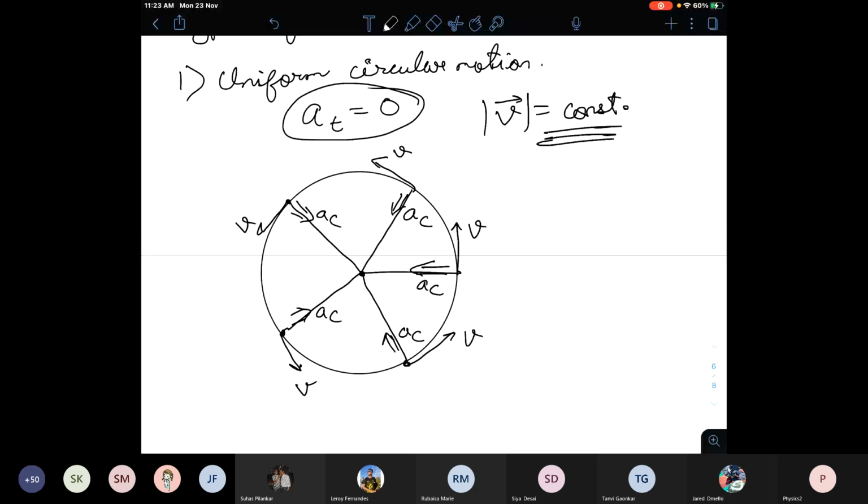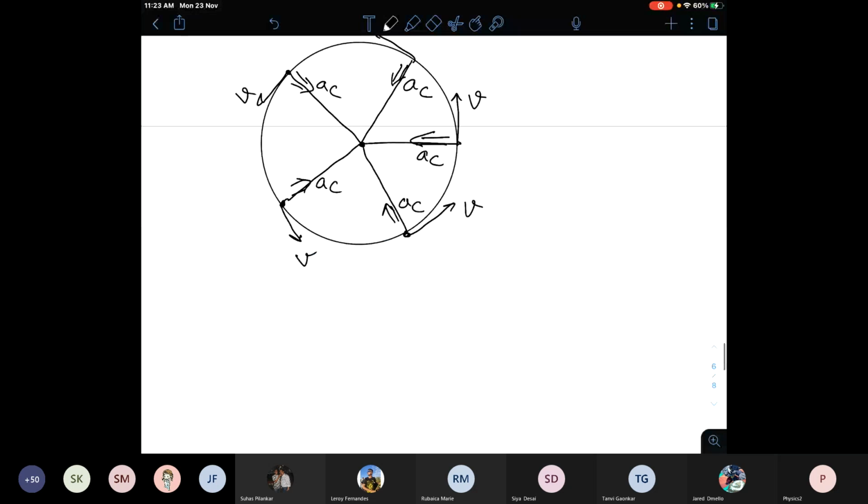Okay, since the direction is still changing, always remember, any kind of circular motion, whether it be uniform or non-uniform, is always an accelerated motion. You can just write a note here that all circular motions are accelerated motions.